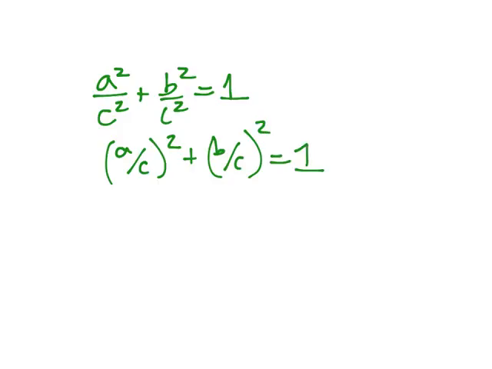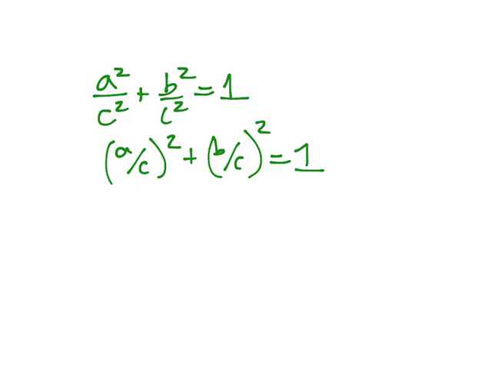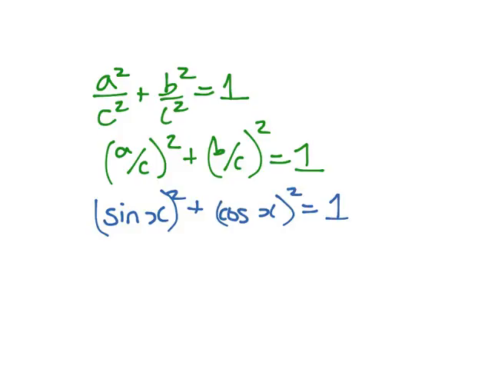And as we just showed, a over c is sine x and b over c is cosine x. So, using that, we've just shown that sine x squared plus cosine x squared is always equal to 1.